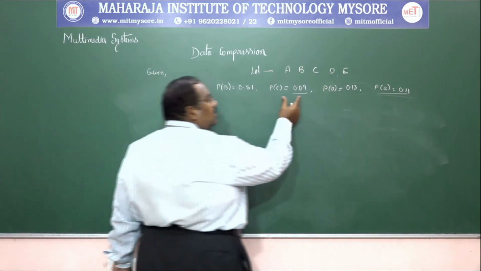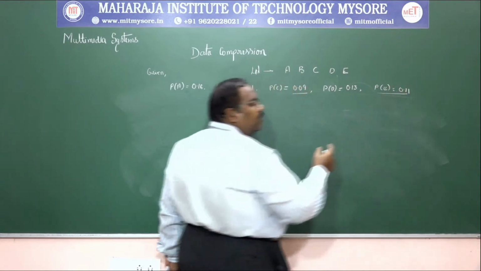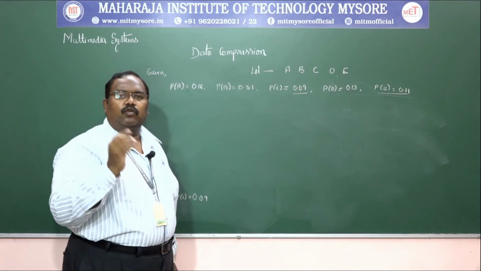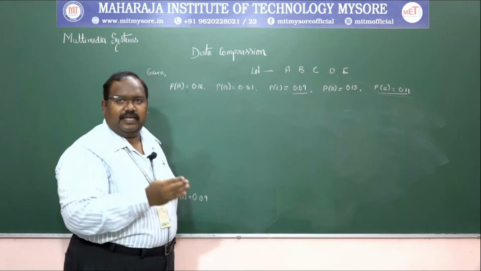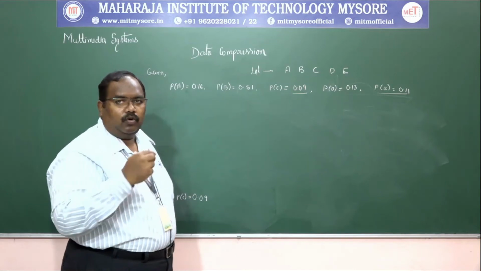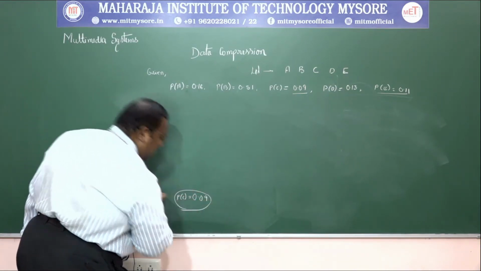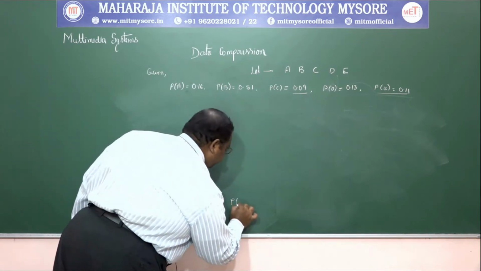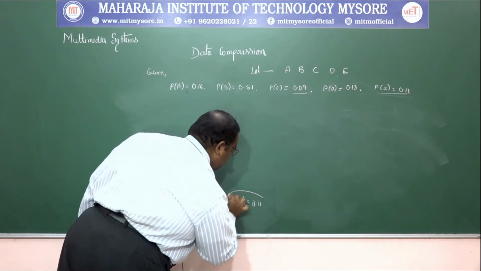See, C has a lesser value compared to the probability of E, 0.11. What does the rule of a binary tree say? The lesser value always goes on the left side and the higher value on the right node. That's why I have written the probability of C here, and the probability of E, that is 0.11.